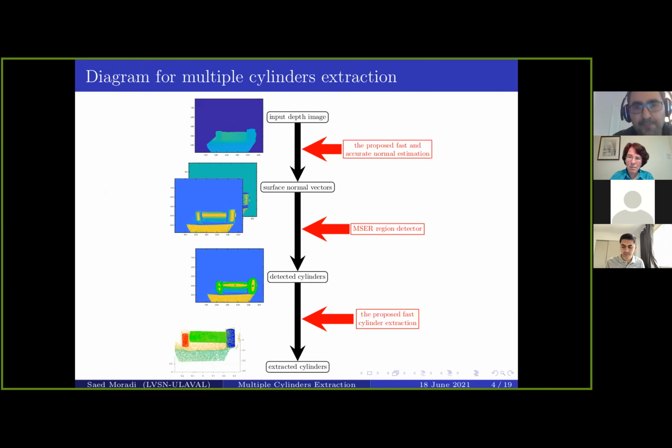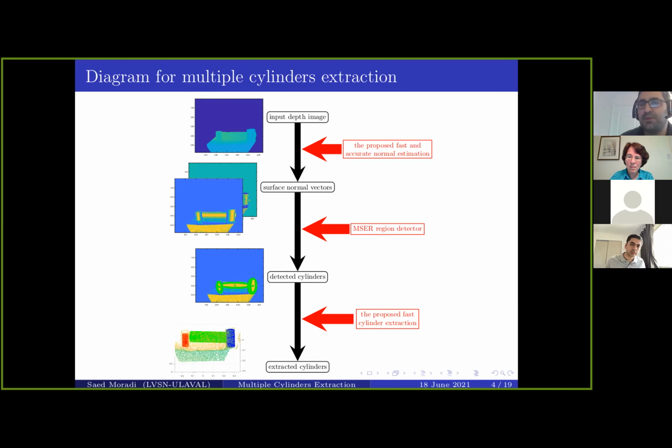Okay, this is the block diagram of our method for extracting cylinders from an organized point cloud or a depth map. The red blocks show the operations applied to the data, and the black boxes show the data which is the input of each step. Our proposed method consists of three steps.